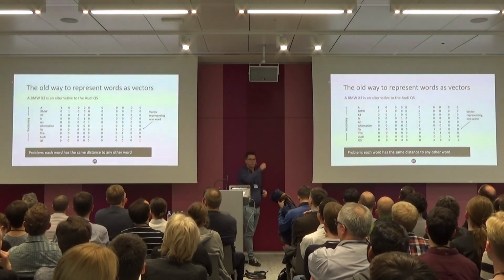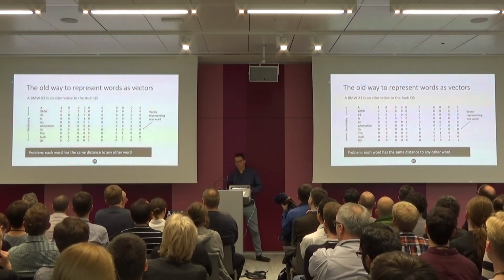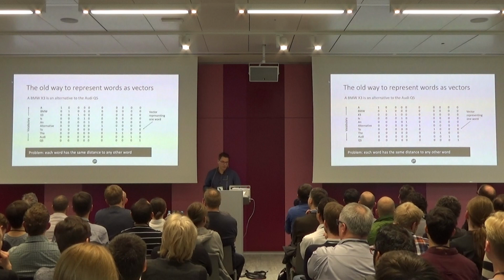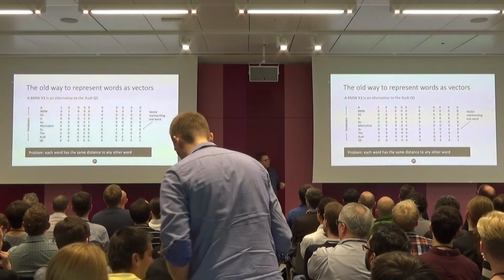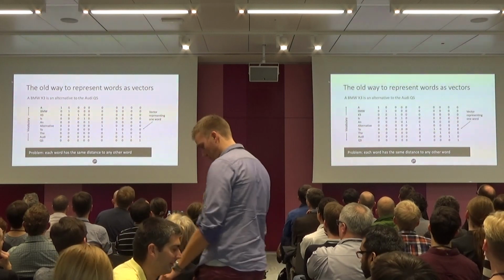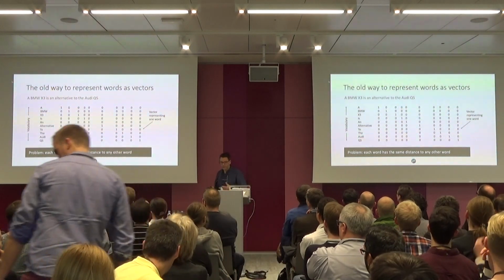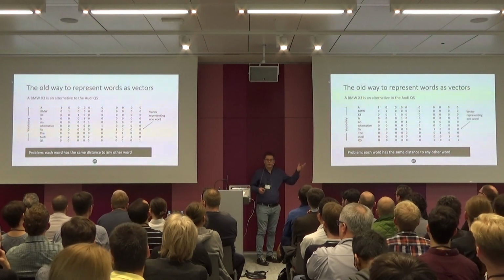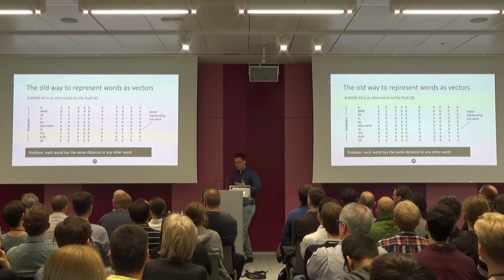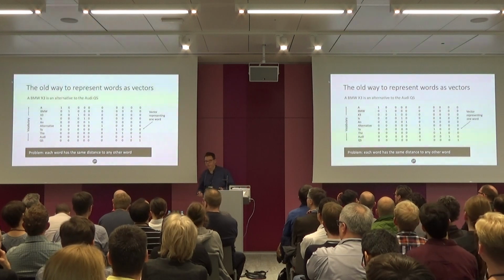We already heard this, and you probably all know this, but maybe a few here don't know what word embeddings are, so I will quickly say a few words about that. Before the invention of word vectors, there was one very easy way to represent text as vectors.